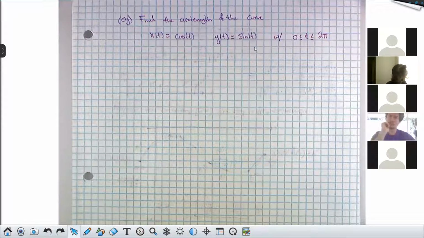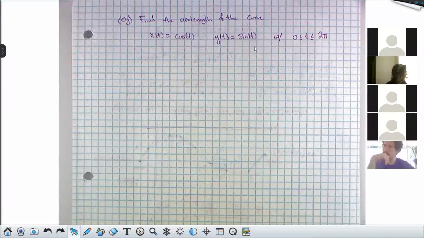And we know what that is. What is the circumference of the unit circle? Two pi. Yeah, very good. The circumference of a circle is pi times its diameter, or 2 pi times its radius.